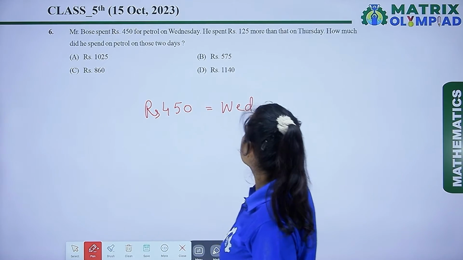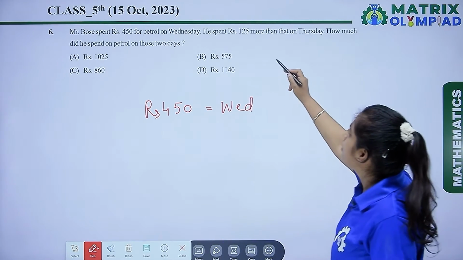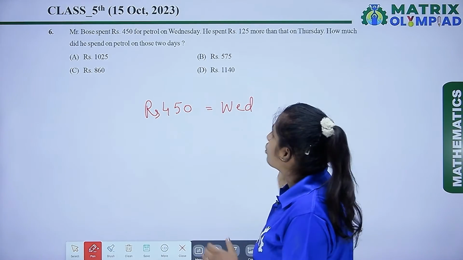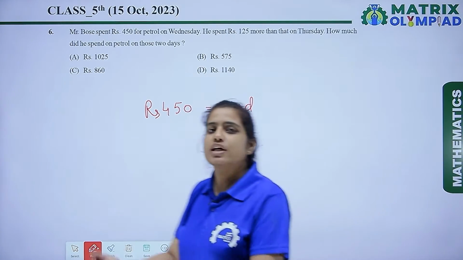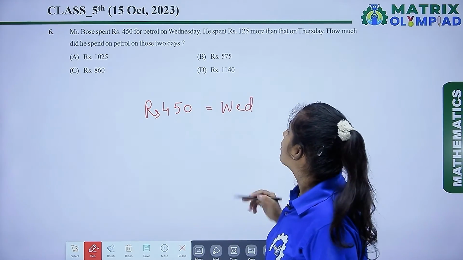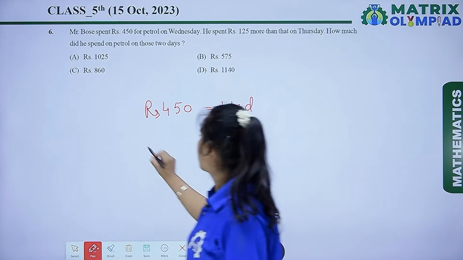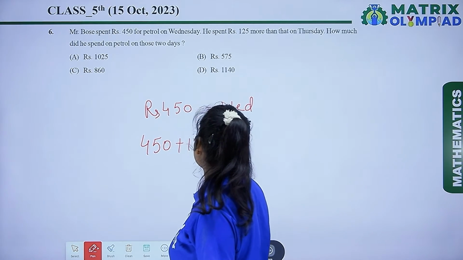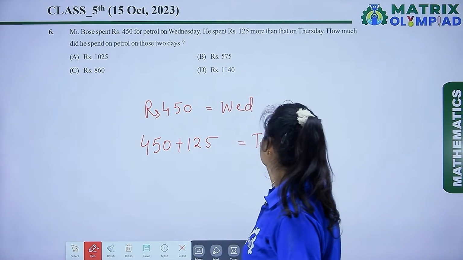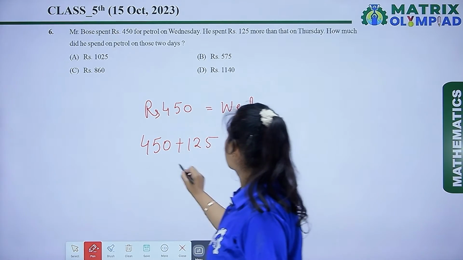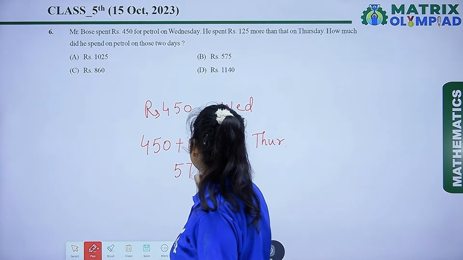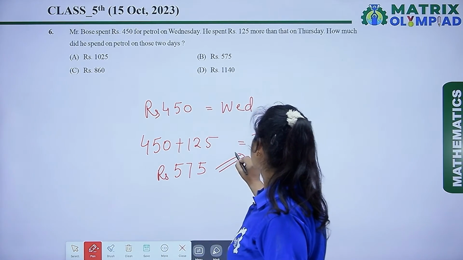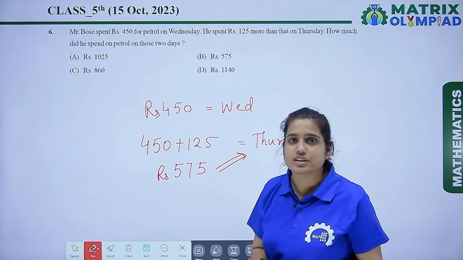Now next is he spent rupees 125 more than that on Thursday. तो जितना उन्होंने Wednesday को खर्चा किया था उससे ज्यादा उन्होंने खर्चा कर दिया है जिसमें 125 रुपीस और ऐड हो रहे हैं. तो 450 तो उन्होंने पहले कर रखे थे प्लस 125 और हो गया उनका थर्सडे को. सो टोटल हो गया आपका 575 रुपीस. सो ये हो गए हैं स्पेंट ऑन थर्सडे.